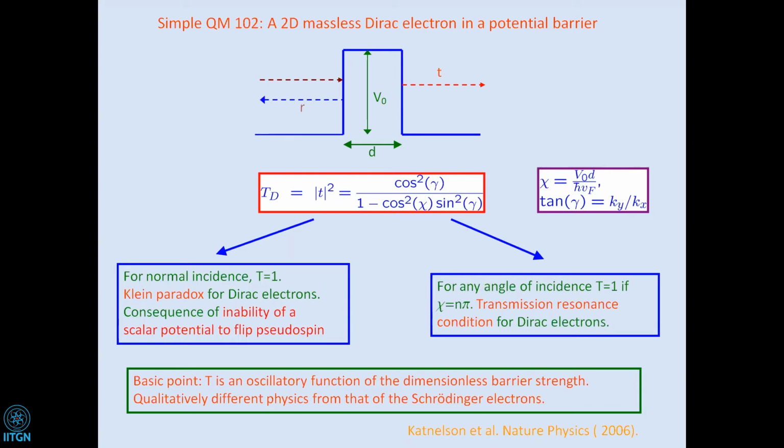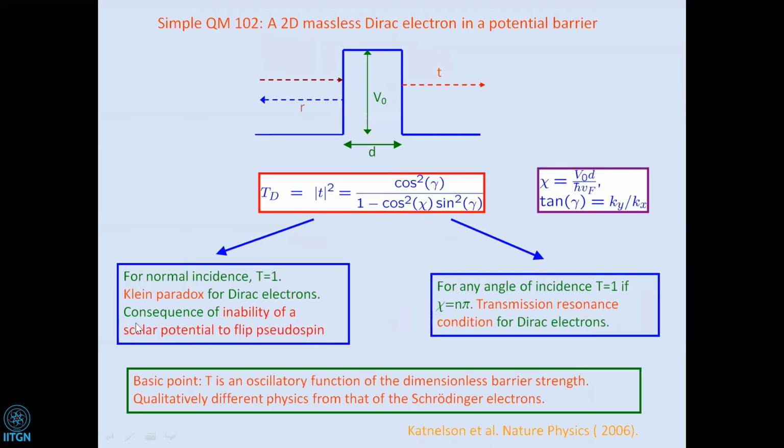And we know from our basic scattering theory that scalar potentials cannot flip spin, or in this case pseudo spin, upon scattering. So if the electron approaches normally to the barrier, the barrier has no choice but to let the electron go, because any scattering which flips the direction of motion is also going to require flipping of the pseudo spin, and that the barrier cannot do.